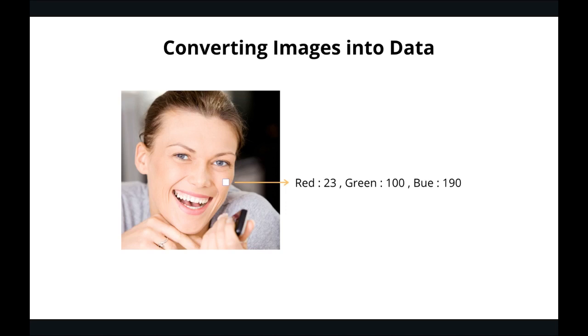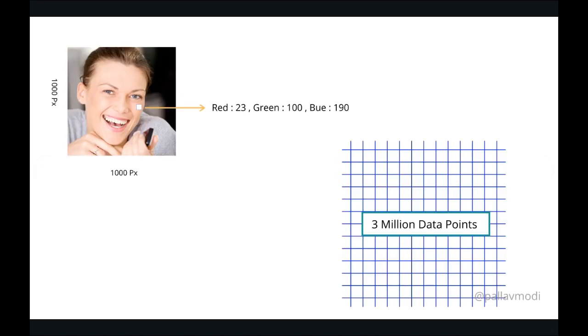So in this case, we can see that we can convert this pixel into red, green and blue with the code for red as 23, green 100 and blue as 190, right?